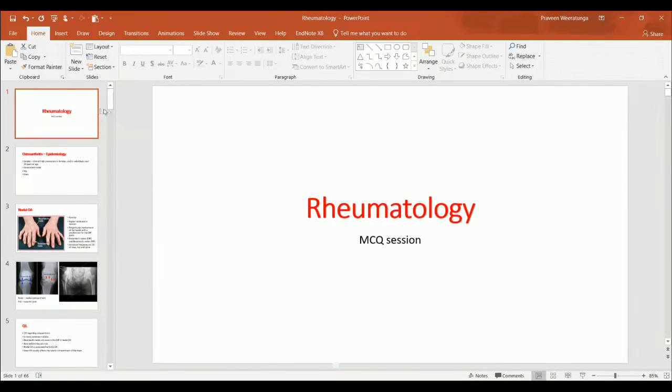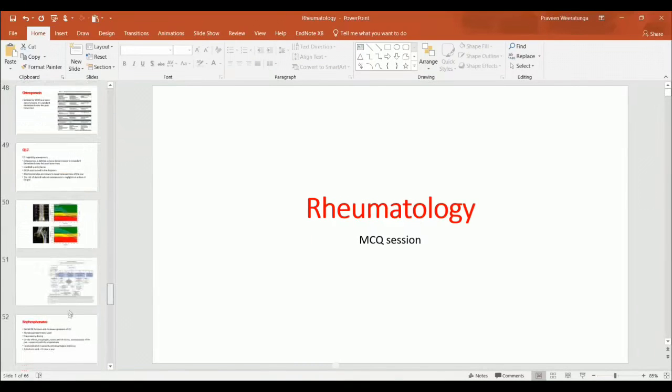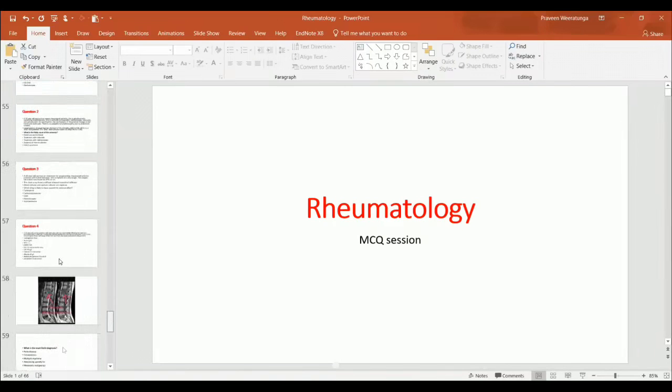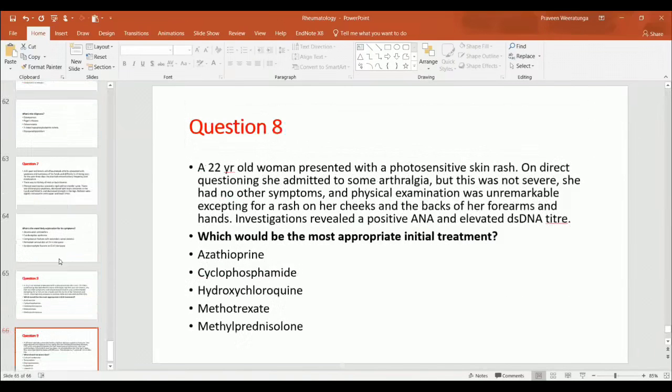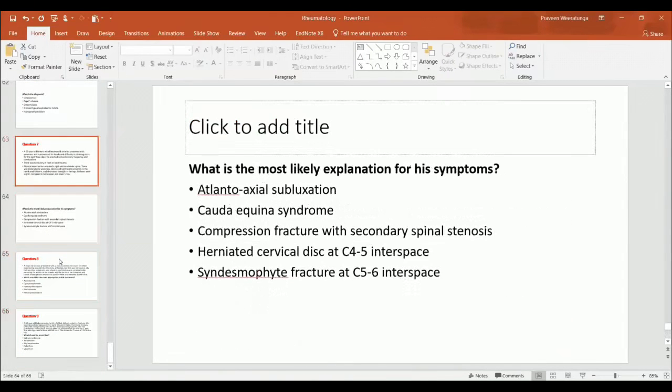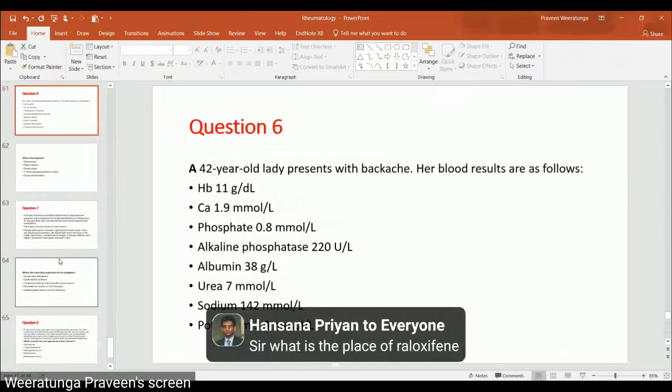Osteoporosis MCQs are a very complicated area. Raloxifene is again used in osteoporosis management.